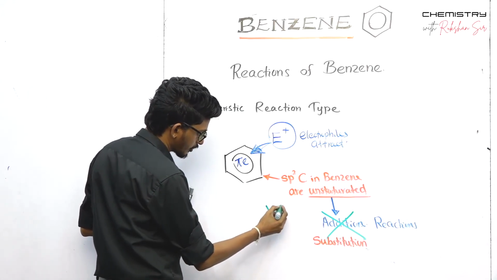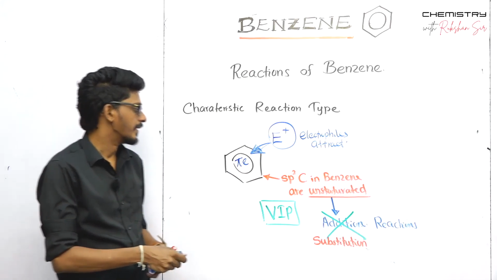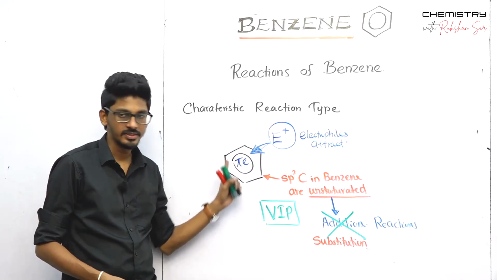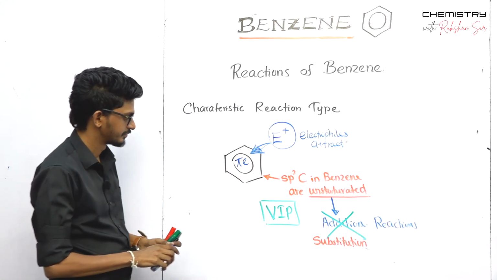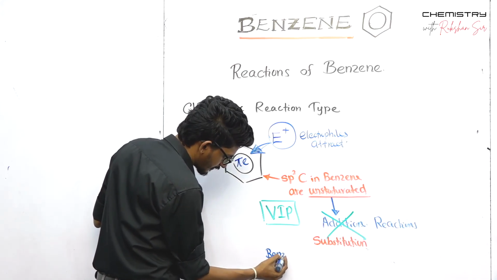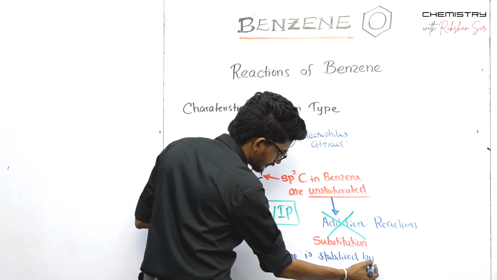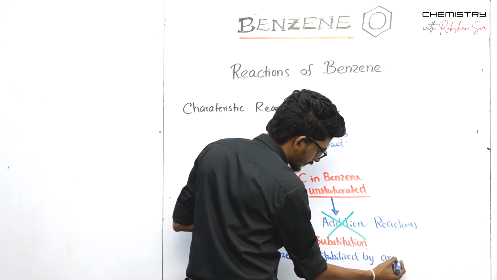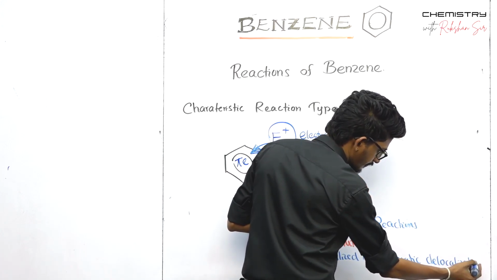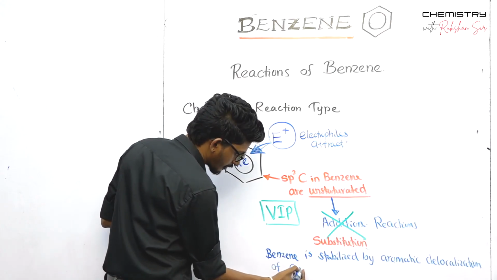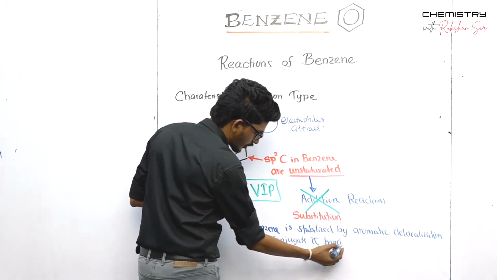The reason is that benzene is stabilized by a delocalized pi-electron cloud. This is aromatic stabilization, the aromatic delocalization of conjugated pi bond electrons.